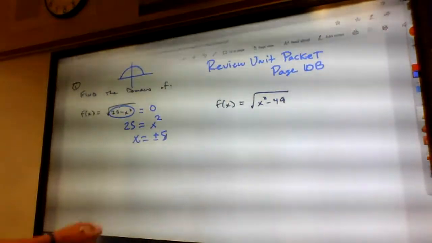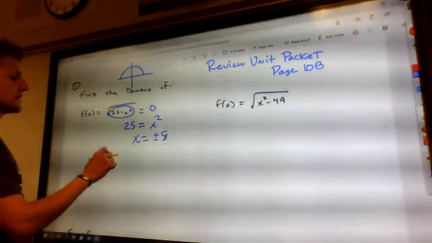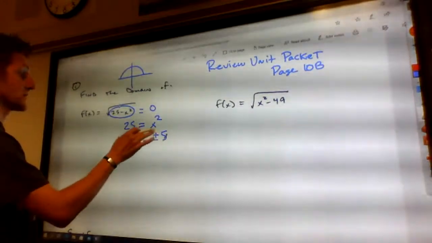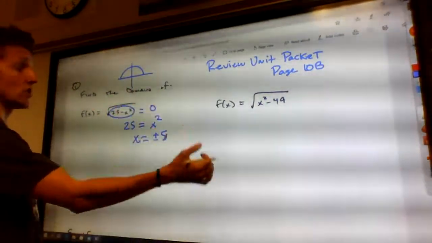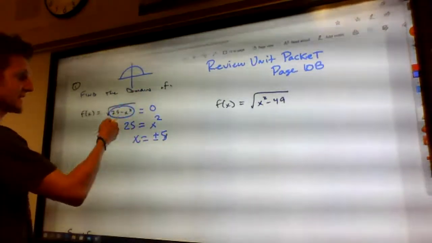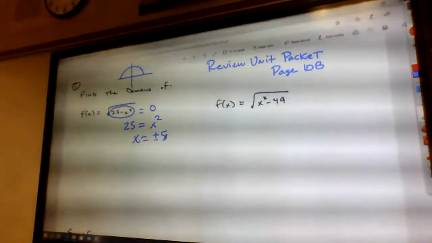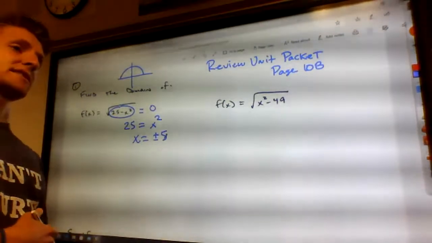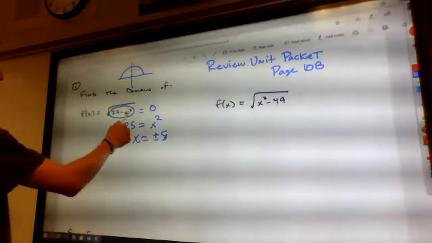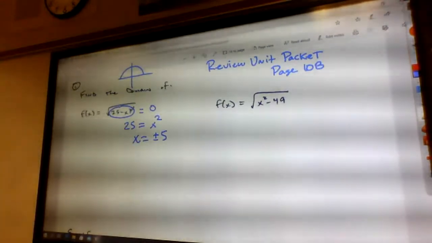Can I plug in numbers that are smaller than -5, larger than 5, or in between? Let's plug -6 in. You plug -6 in for x, you get 25 minus 36, which is the square root of -11. No bueno. If I plug in +6, I get 25 minus 36, which is the square root of -11.